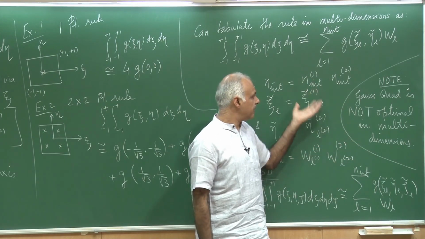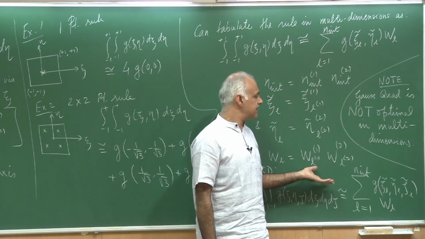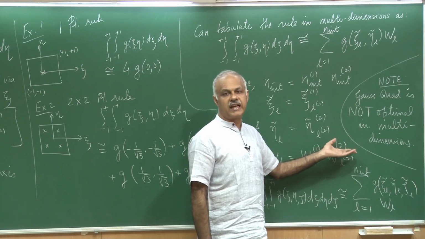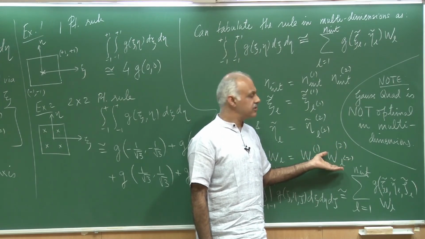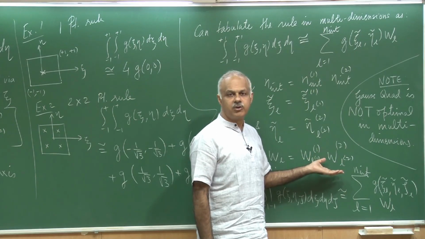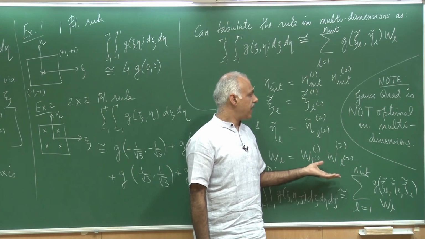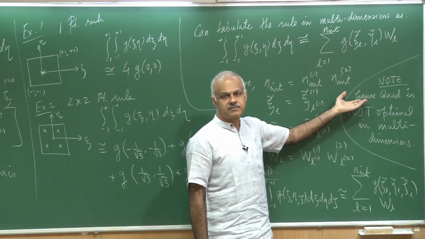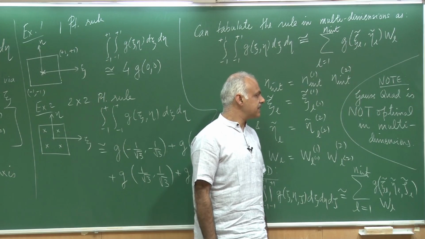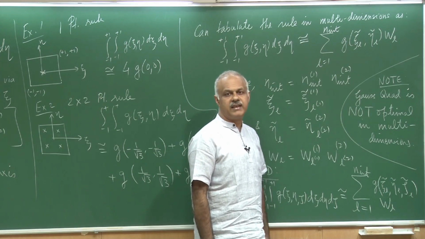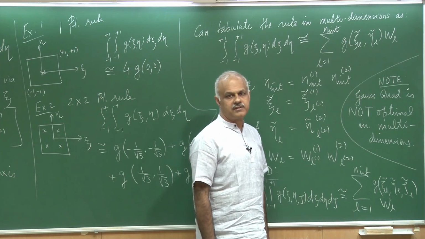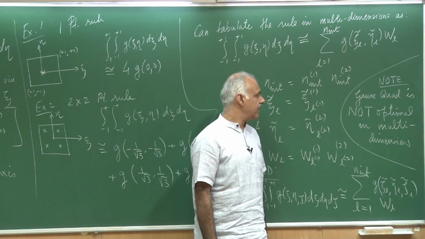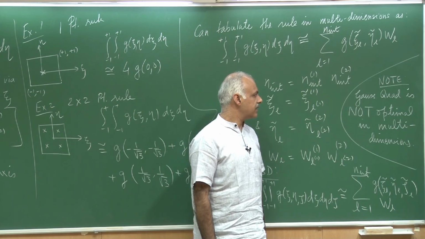Unfortunately, the way we have applied it in multi dimensions, it no longer is optimal. You can actually find better rules, but obviously they are a little bit more complicated, and therefore Gauss quadrature still remains the most popular choice. In fact, in multi dimensions, it is extremely difficult to find the optimal rule. Okay, so research is still going on to be able to nail the optimal rule in numerical integrations.